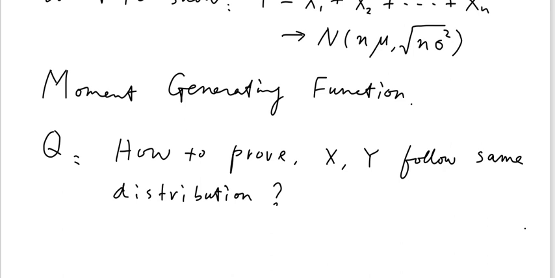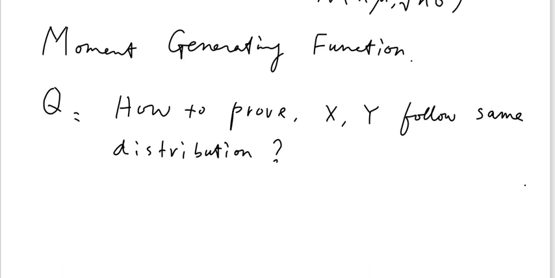Okay, so let's say we have a distribution. Once we have a distribution, we can have E[X], right, and E[X squared] or E[X cubed].